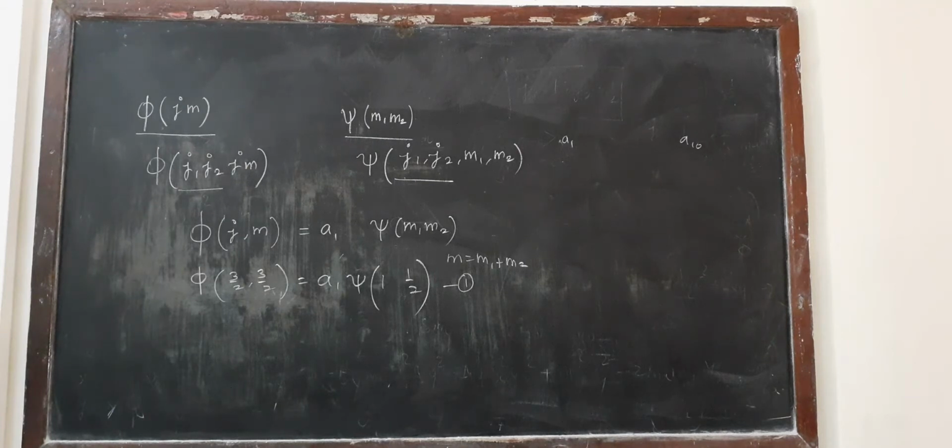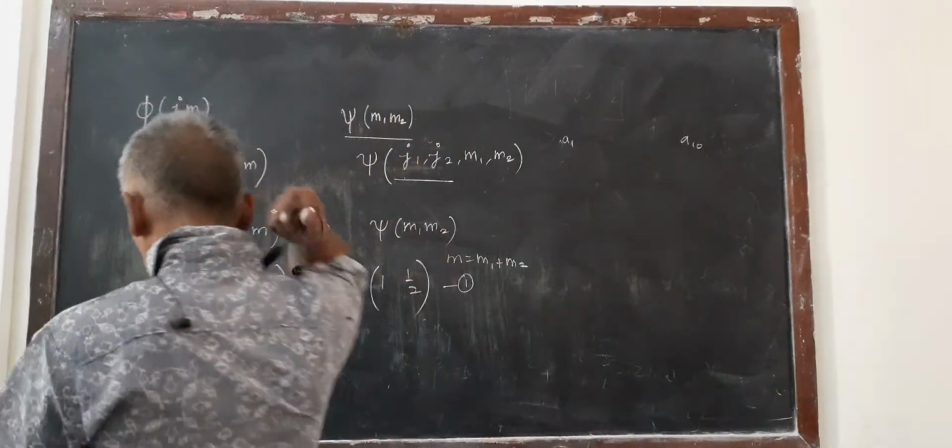Do you have the notes, or do you have to write now? Already you have it. No problem, you start writing it again. I have to write it on the board, then you write it. Now I introduce this one, right?